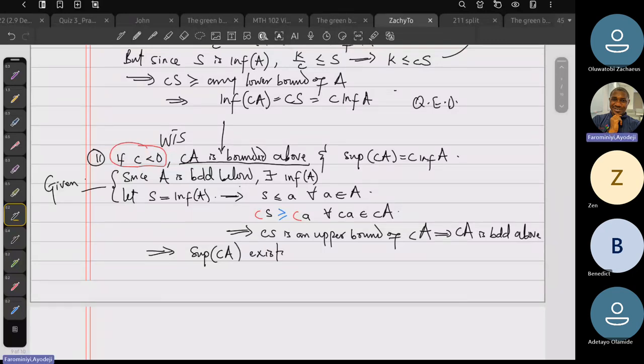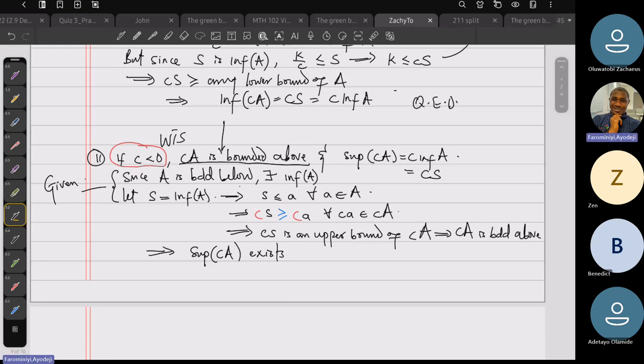What we want to show is that that supremum is equal to C times S, because S is our infimum of A. But of course, we have already shown the first part: CS is an upper bound.